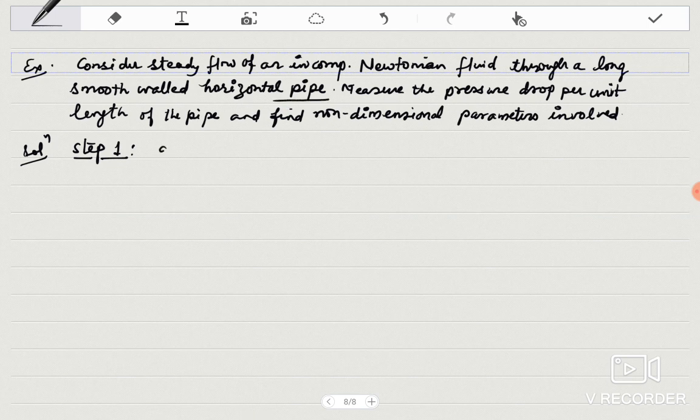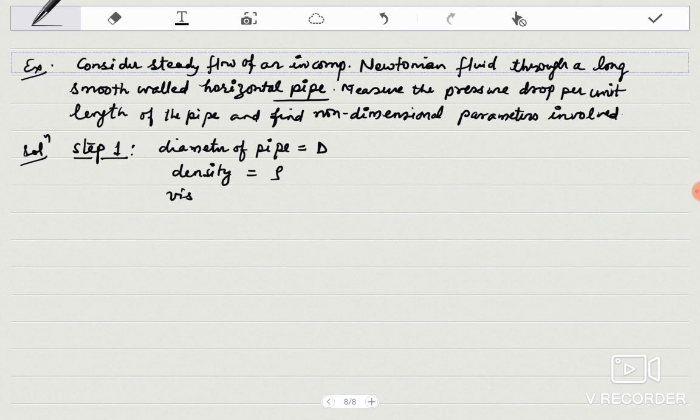It simply means the diameter of the pipe is important, because you have to take the flux etc. Then you will have to find its radius or diameter. So the diameter of the pipe, which is d, is one parameter. Then because your fluid is an incompressible Newtonian fluid, density may be an important parameter, so I am taking density as another parameter.